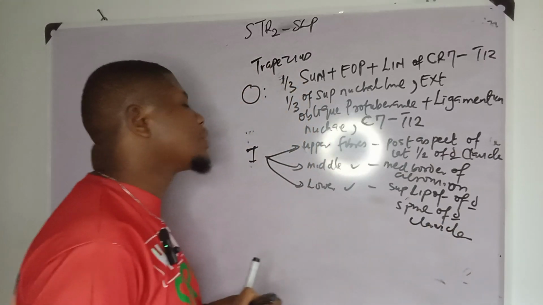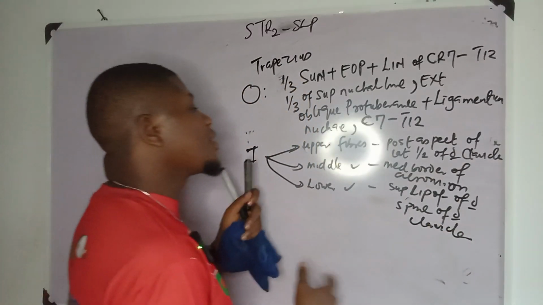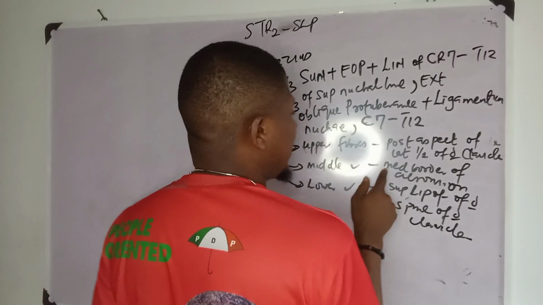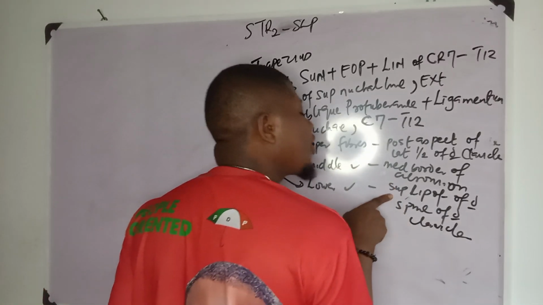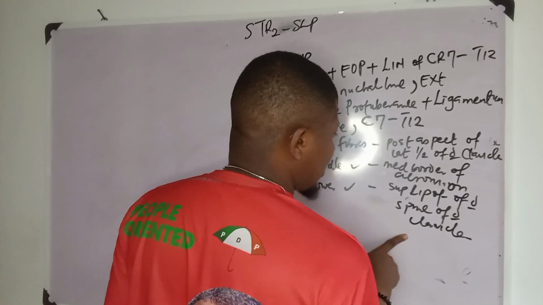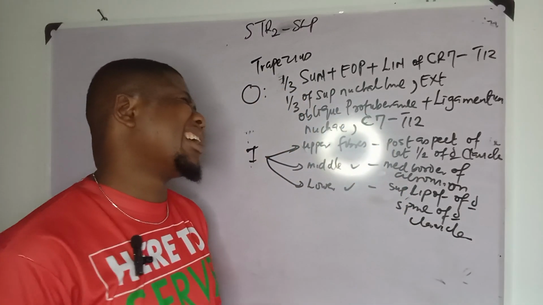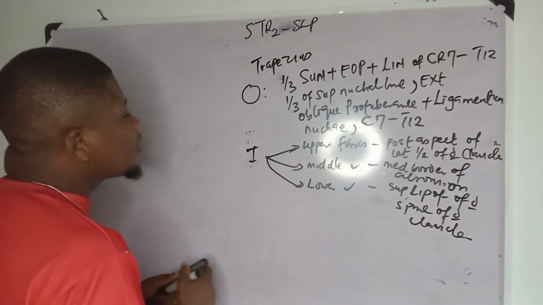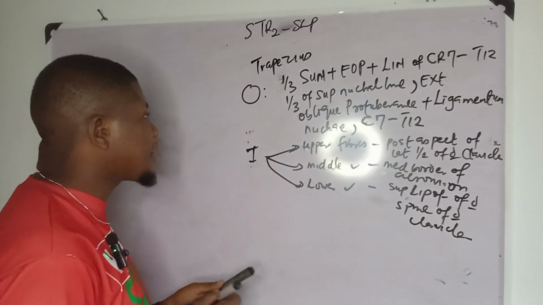So when we do deltoid, you will see that the origin of deltoid is the inverse of this: the lateral border of the acromion, the inferior lip of the spine, and the anterior aspect of the lateral half of the clavicle. Okay, so this is the insertion of this guy.